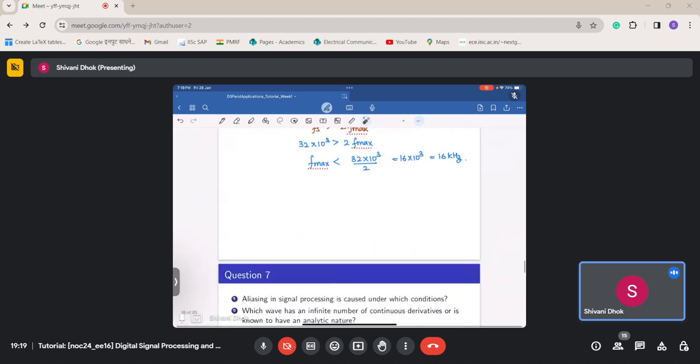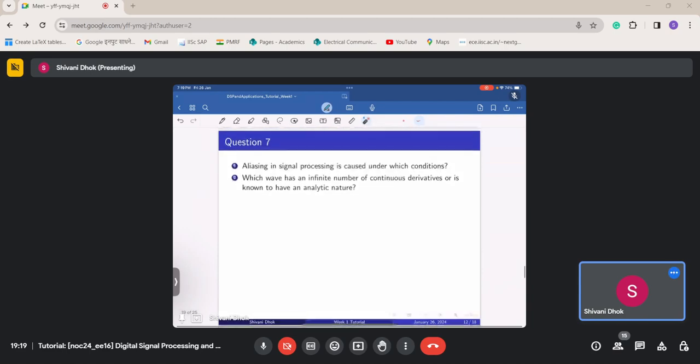Okay, if there are no questions, then let's move on. It's a simple question that was asked in the last assignment: aliasing in signal processing is caused under which conditions?